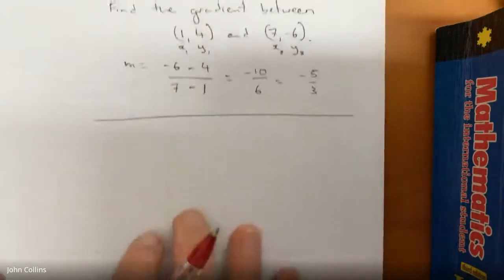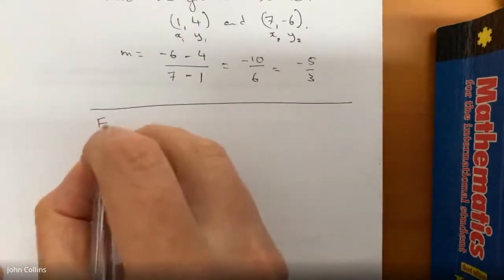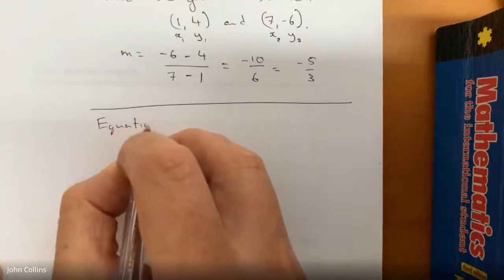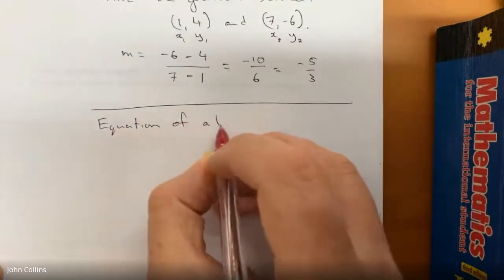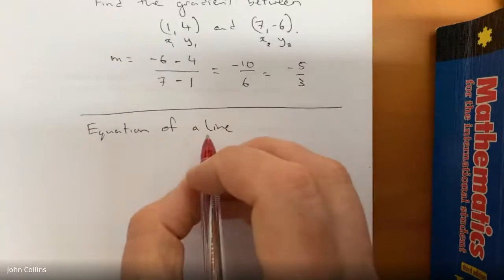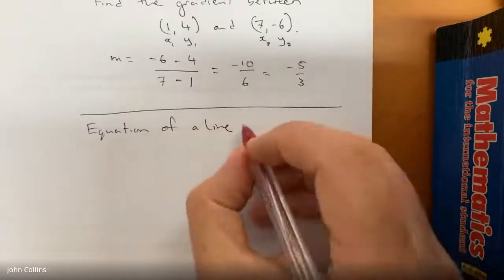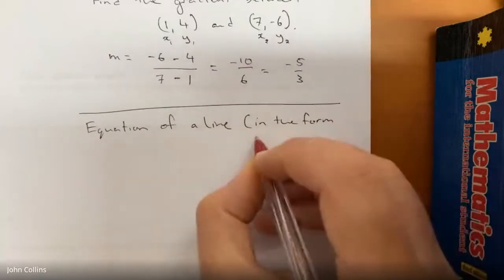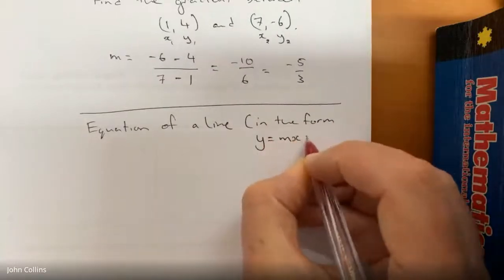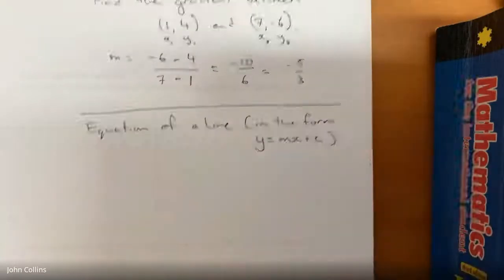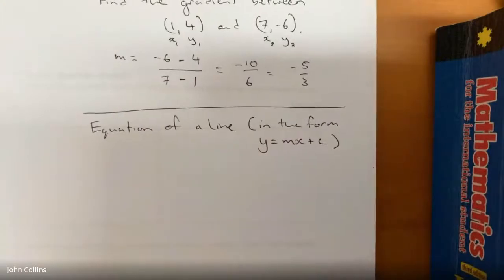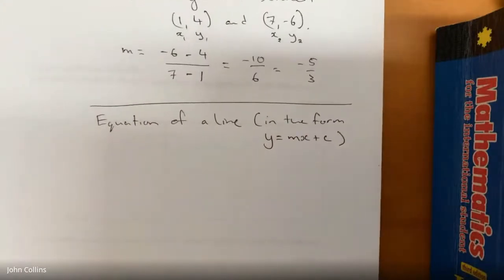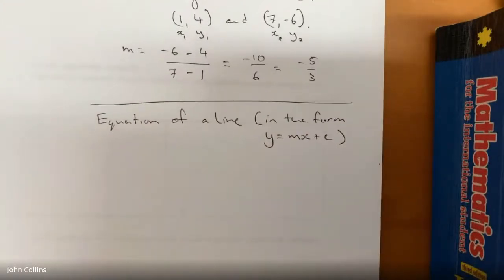All right. So the slope can help us get the equation of a line. And usually it's written in the form y is equal to mx plus c. So the equation of the line is the set of like points.